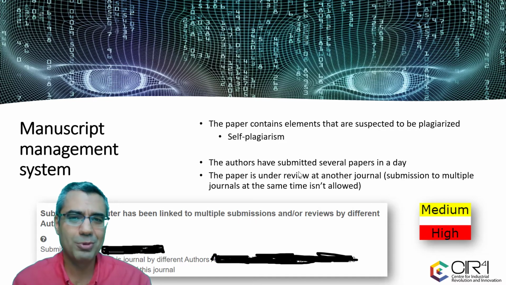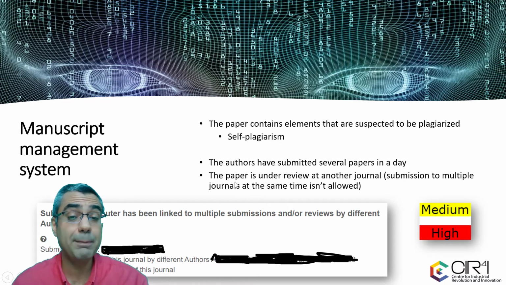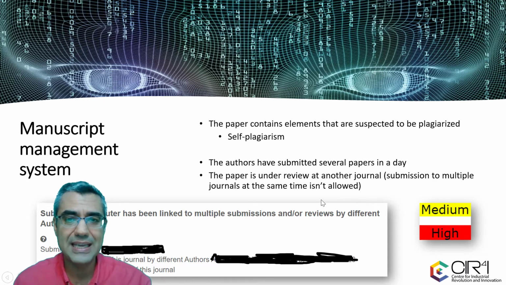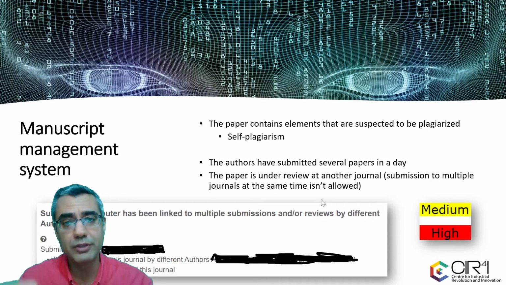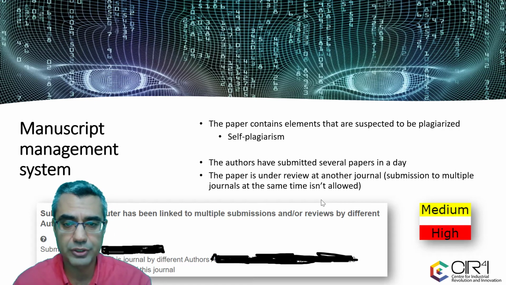I don't think any researcher can submit 10 papers in a day, right? Or when the paper is under review at another journal, we are not allowed to submit the same paper to several journals, right? This is an ethical thing, and you need to withdraw. When you want to submit to another journal, you need to withdraw your paper from the current journal.